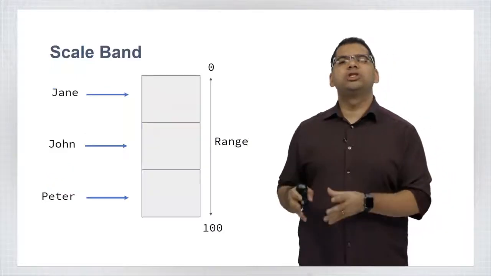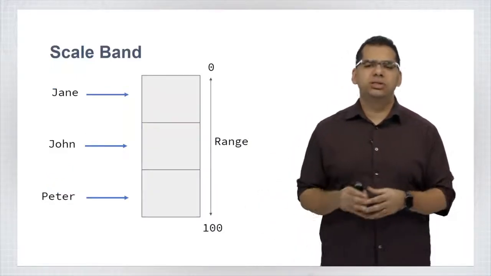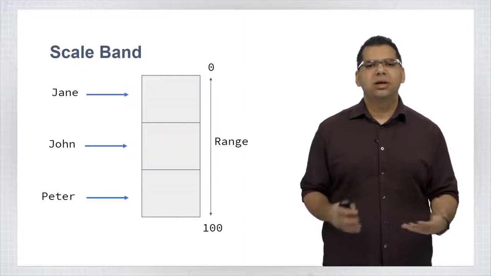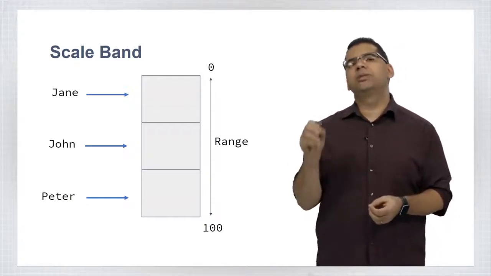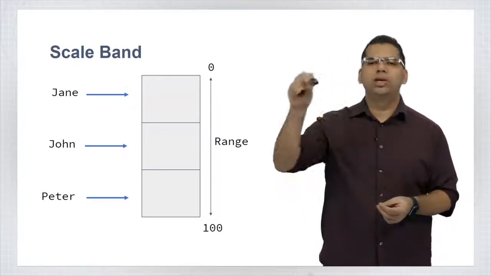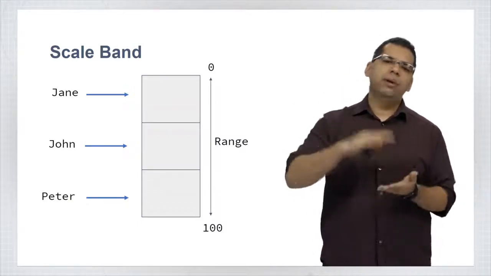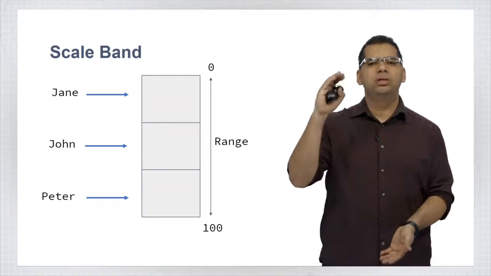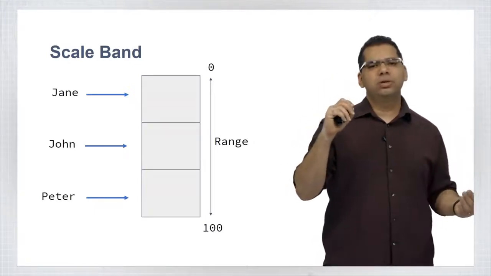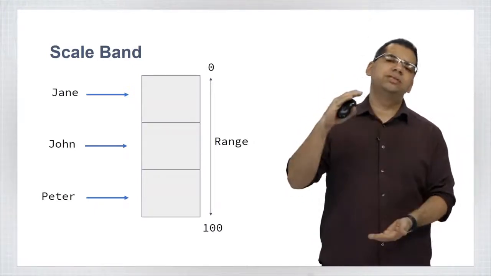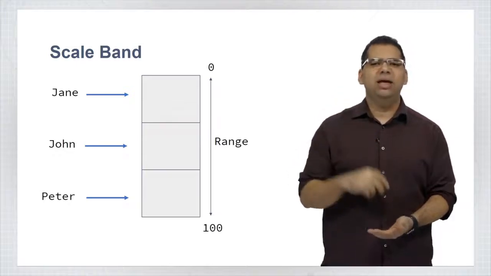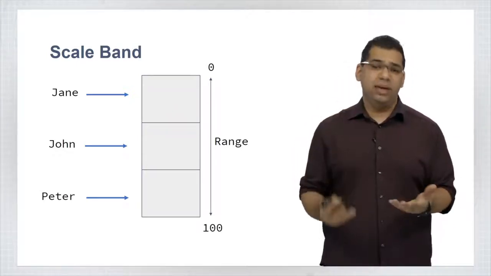There are other options of ordinal scales, and one of them is what we call scale band. Different from the ordinal scale that maps the values to a number, here we are mapping the values to a band. Think about a range. For example, here I have 100, and I have 3 people. Now I split this 100 in 3 pieces, and each of those pieces is a band.